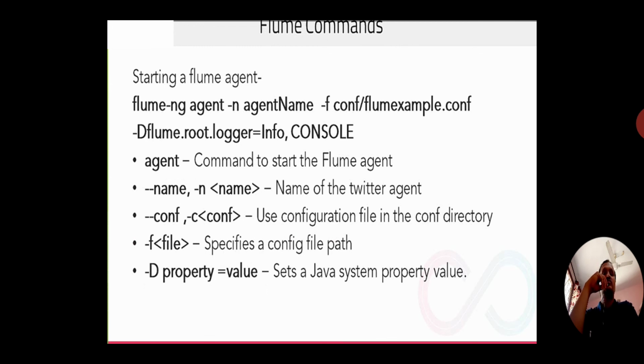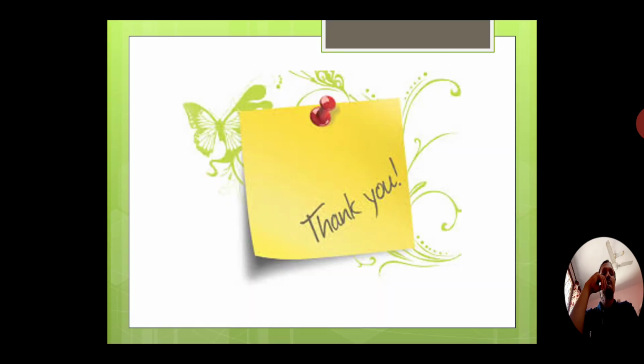Then we have --conf, the configuration. In the starting, we have to configure the Flume agent through a particular file directory. So we have taken the configuration file flume example.conf. Then we have -f, the specified configuration file path, and -D property=value sets a Java system property value.